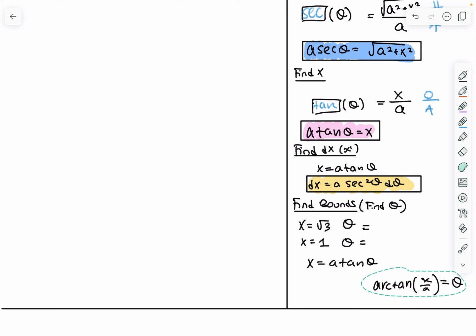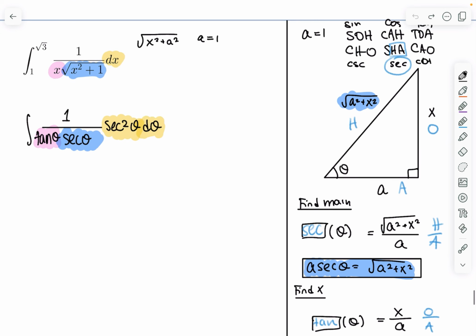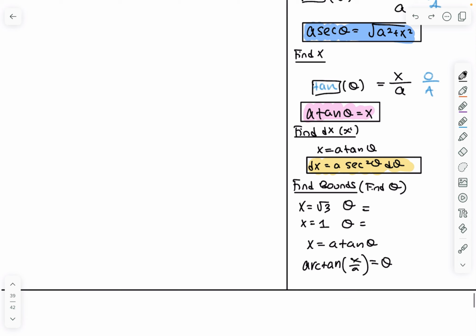That's our little equation that we can use to find theta, given that x is square root of 3 and that a is equal to 1. So in this case, theta is equal to arctangent of square root of 3 over 1, which is just square root of 3. And then here, arctangent of 1 over 1, which is just 1.